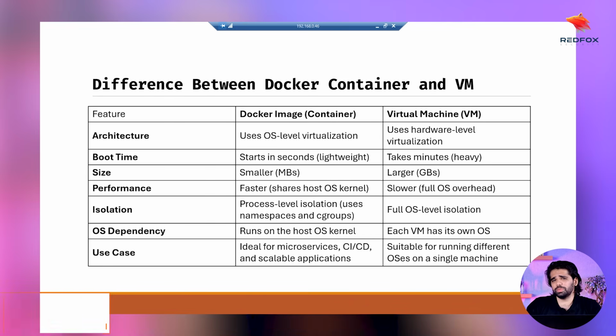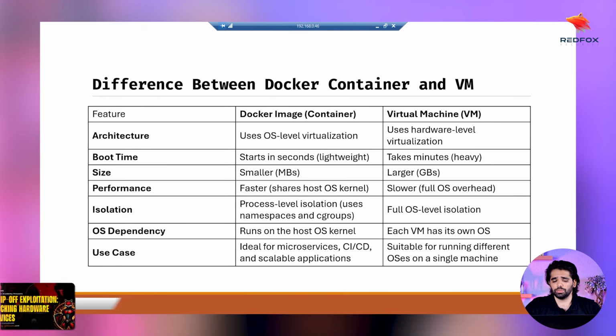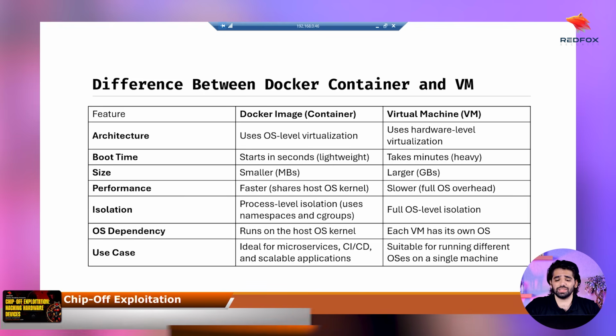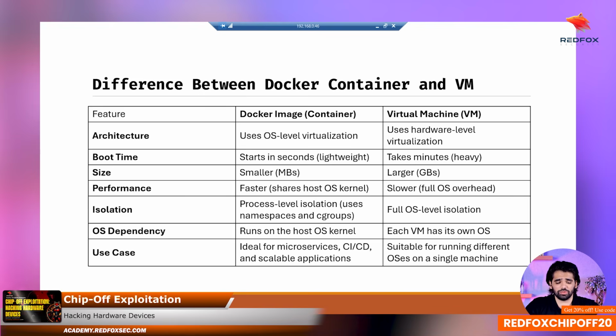Now, you must be wondering what is the difference between Docker containers and virtual machines? So let's talk about architecture first. Docker uses OS level virtualization whereas a virtual machine uses hardware level virtualization. Now let's talk about OS dependency.